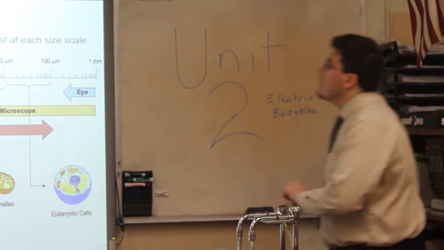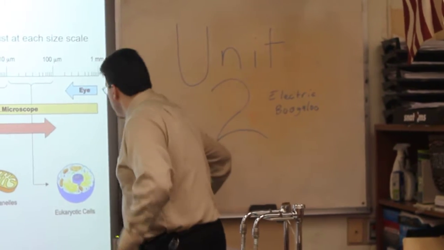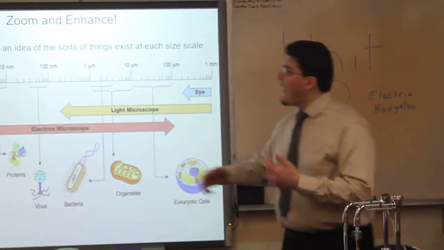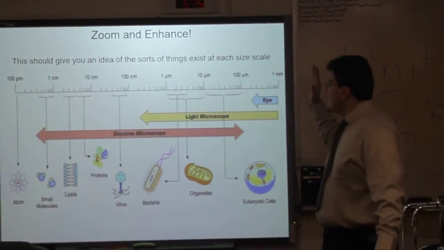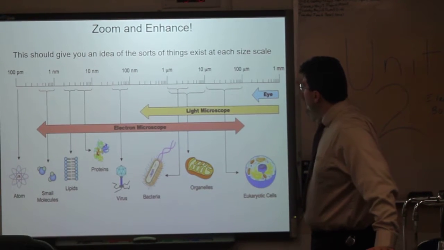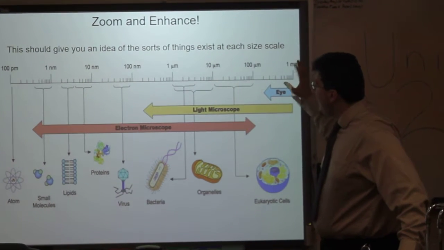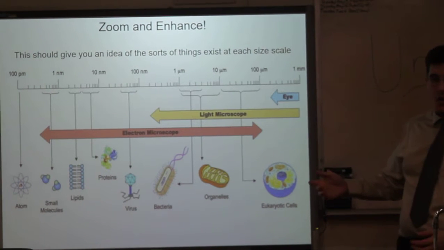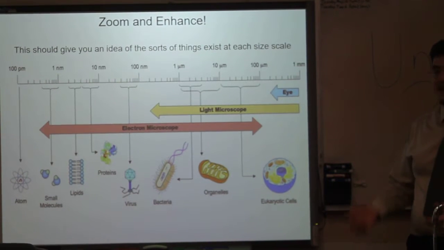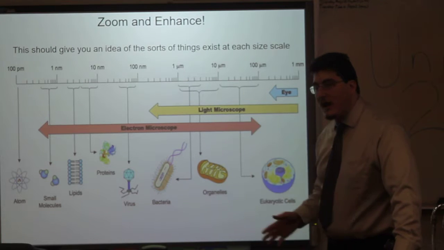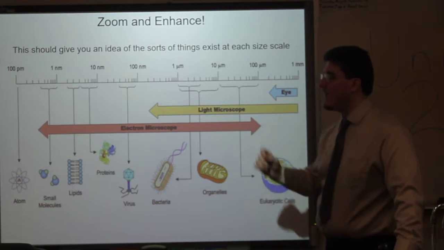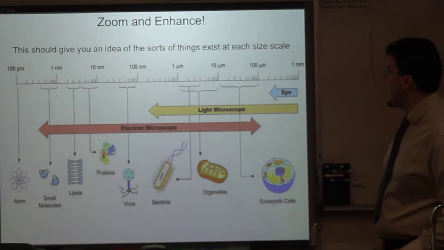Let's do this. So, this should give you an idea of the powers of magnitude and each size scale. The human eye can resolve things to about 0.1 or so millimeters, maybe a little bit less. So you can resolve things that are really super tiny, but you have to have pretty good eyesight for that.